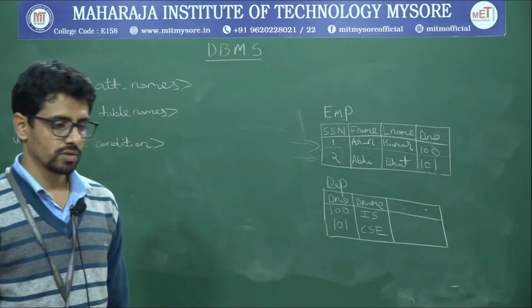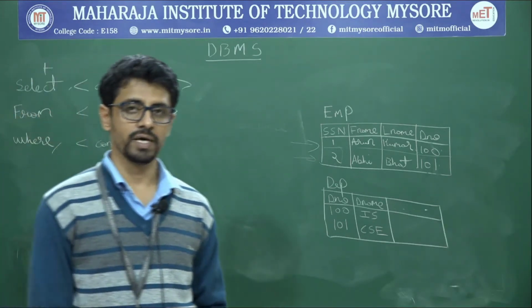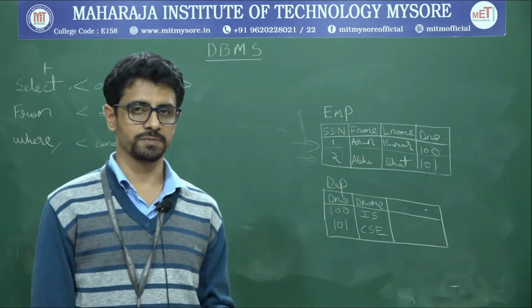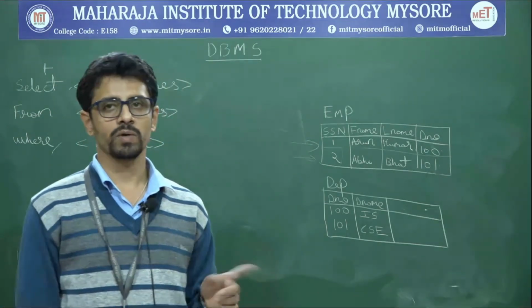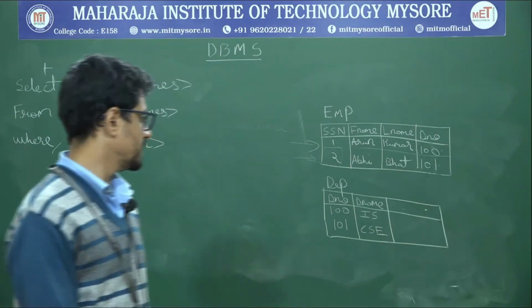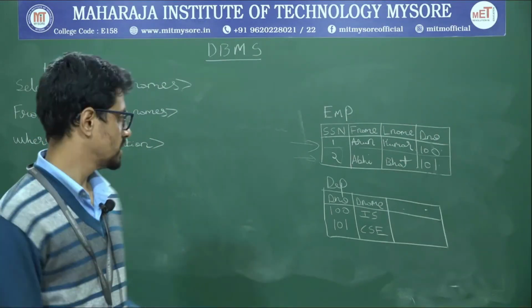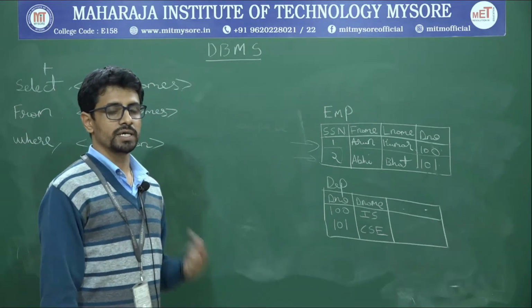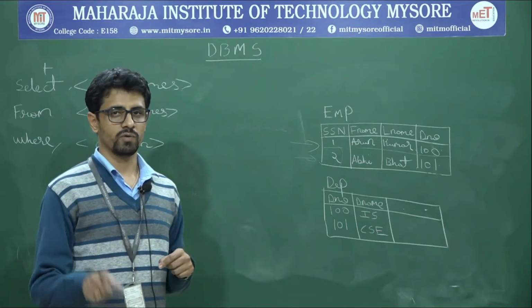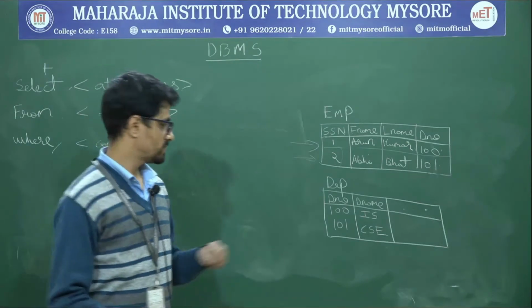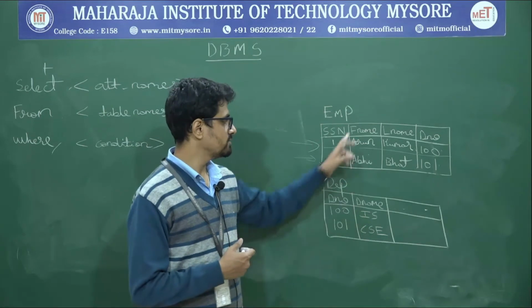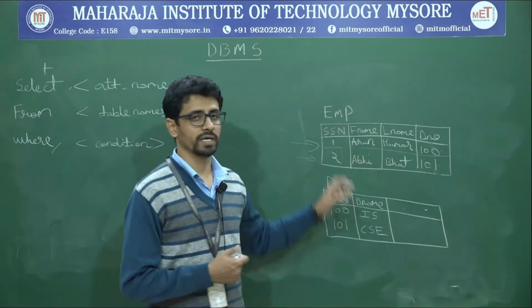Okay, so I want the names of employees, say first name and last name both have to be displayed, of employees who work only in IS department. If that is the query being asked, how to write a query for this? Because department name they are giving, what is the input for that? ISC, which is present in which table? Department table. And they are expecting us to give the names of whom? Employees, which is in employee table.